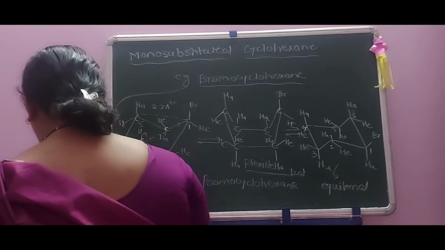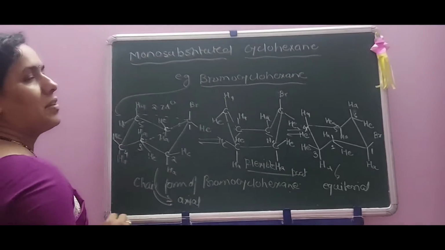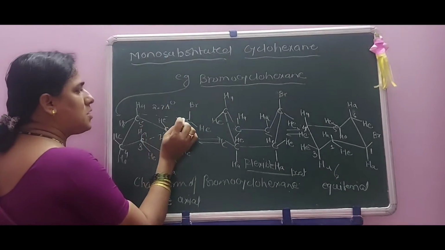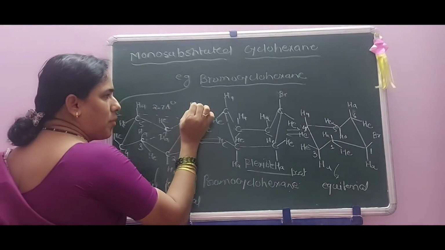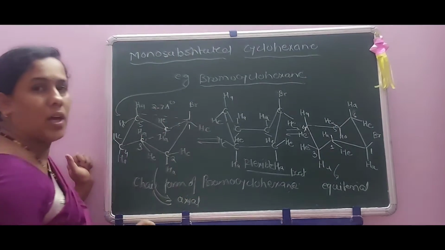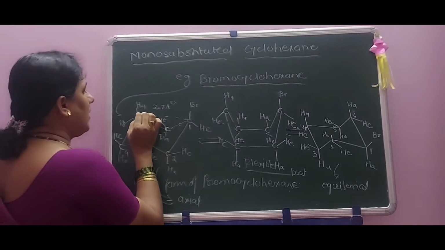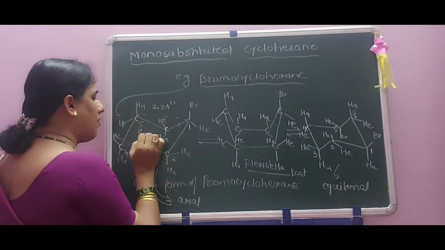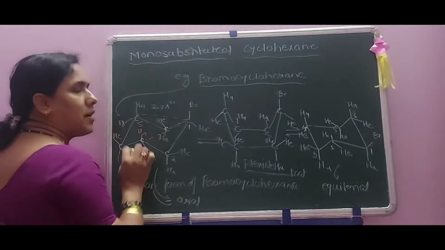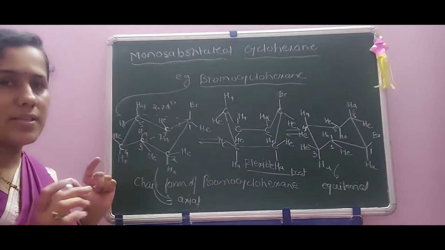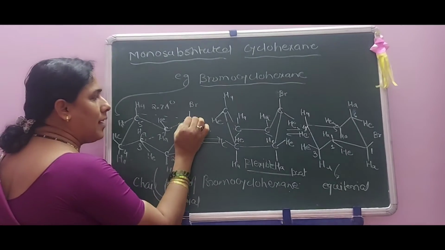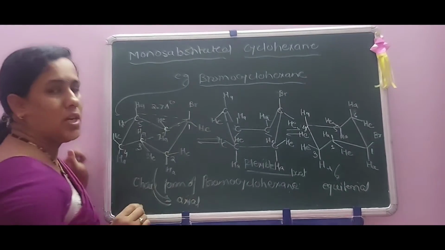Now, what is the explanation of this? It is the distance between the bromine atom attached to carbon number 3 and carbon number 5, whatever hydrogen atoms are attached at the same position. The bromine atom is replaced by a hydrogen atom.